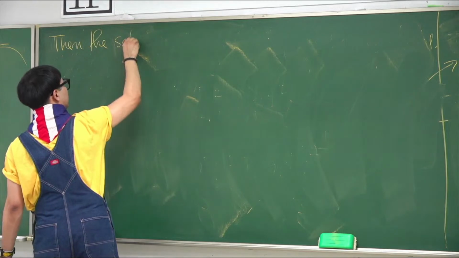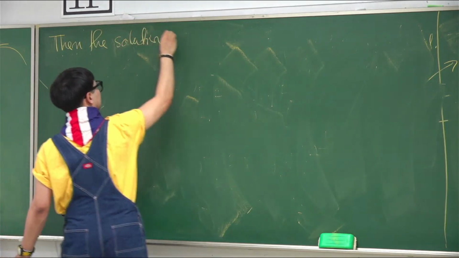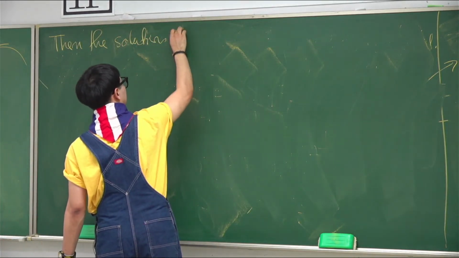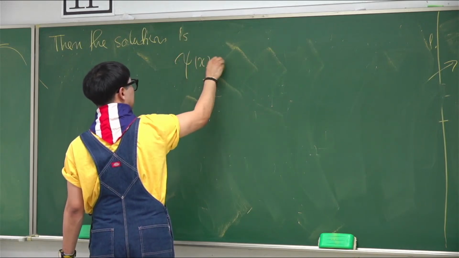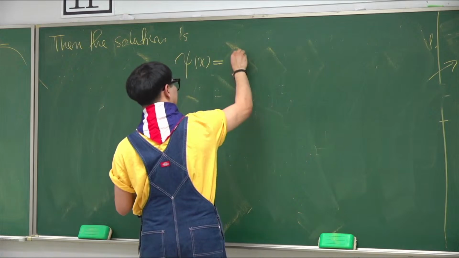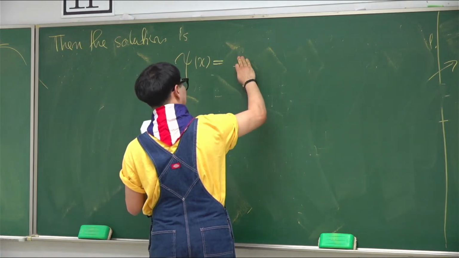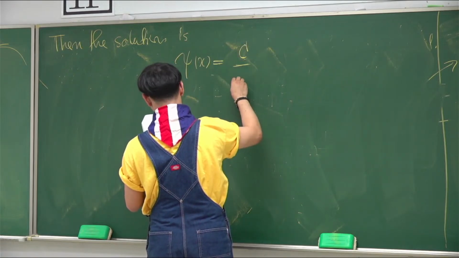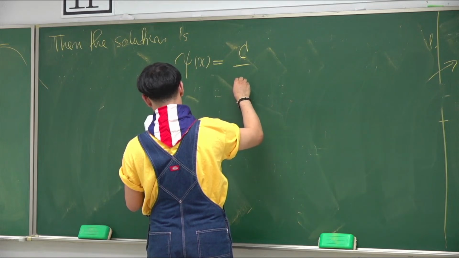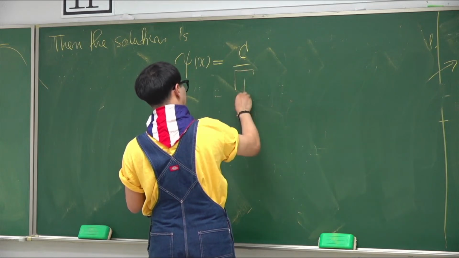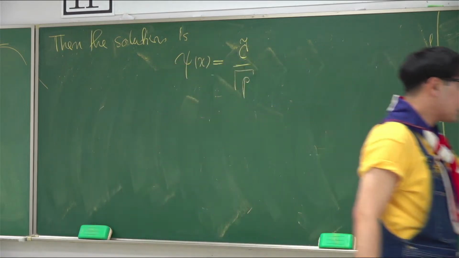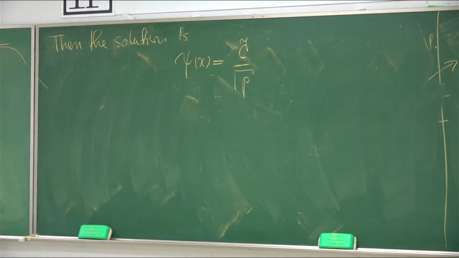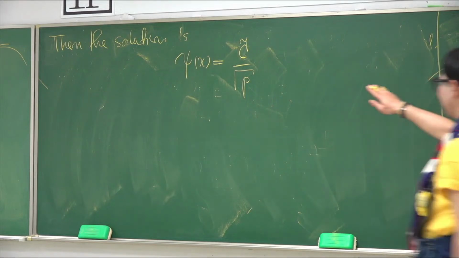So the solution is C over P. It could be C tilde, because square root C is the C itself. Then actually I just put the C, okay?